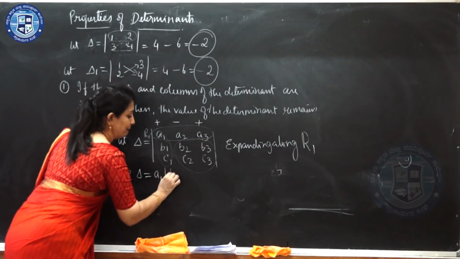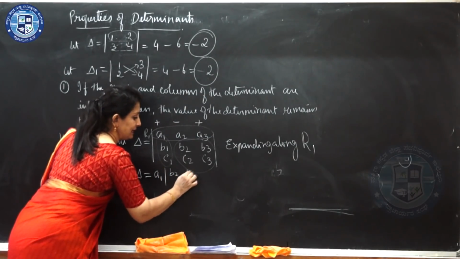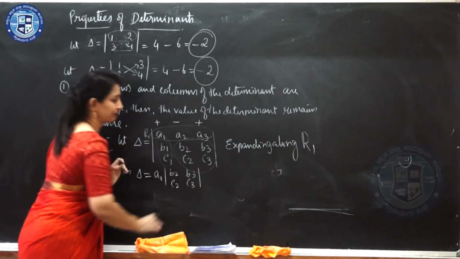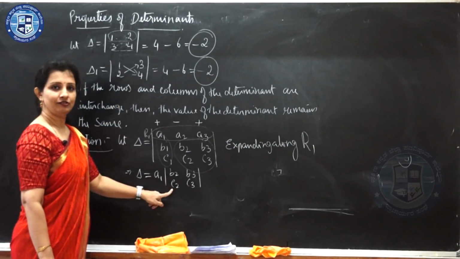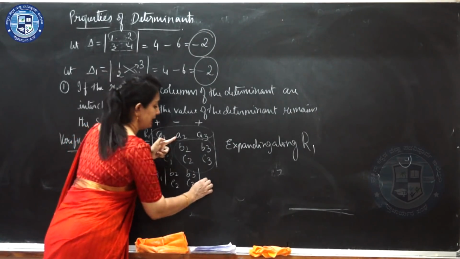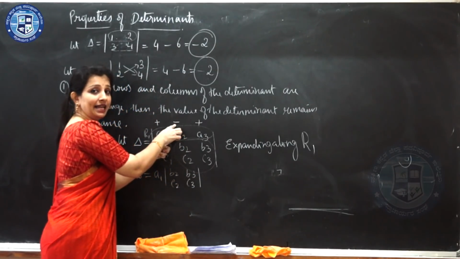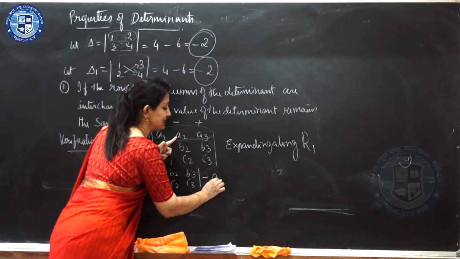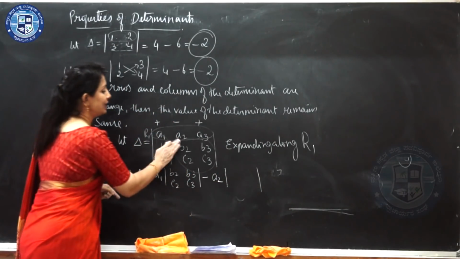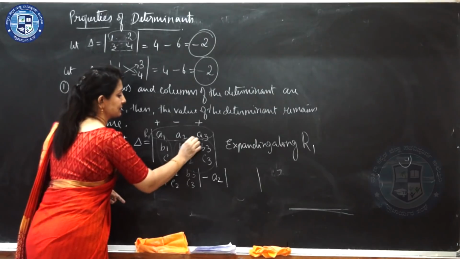A1 into B2, B3, C2, C3 is the first term. Now the second element in the first row is A2, but its sign is minus, so we write minus A2 into, what is the determinant? Delete the row and column where A2 is.